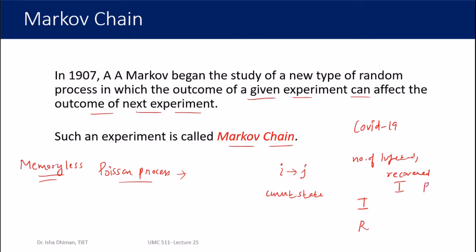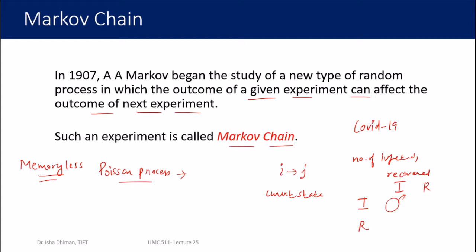And say if you want to get a transition from infected state to recovered state, or you are just measuring the data, then the probability of an infected person infecting others, or you can say the number of infected persons increases, will depend upon how many infections are there currently in the system. So that means whatever you are measuring is really dependent on the current data, the given situation.